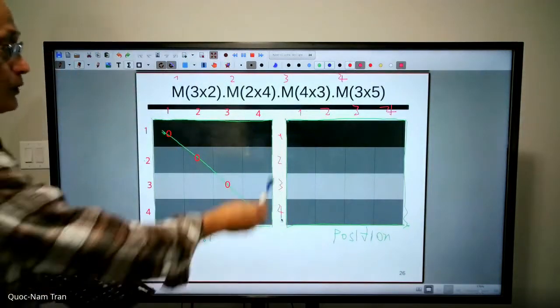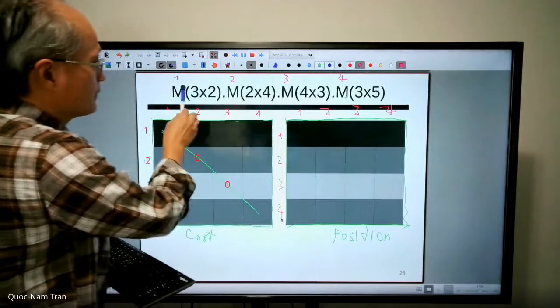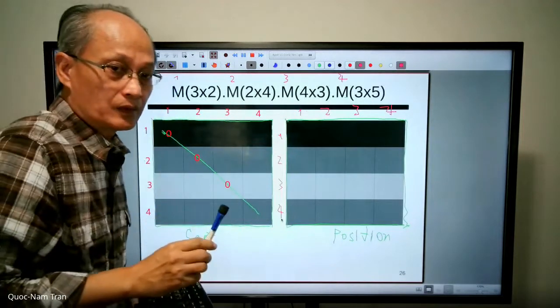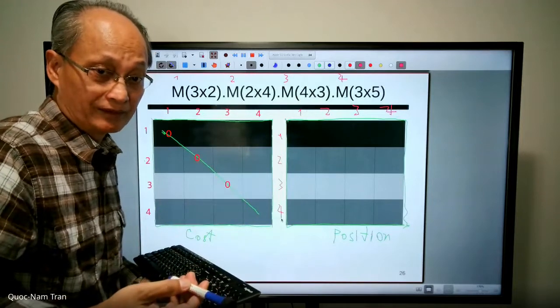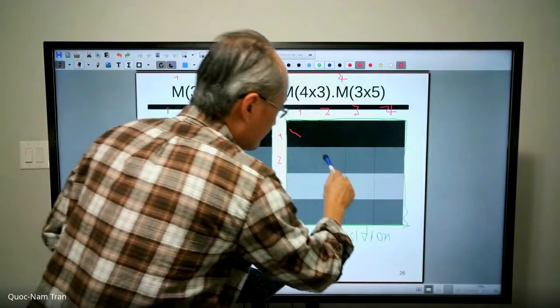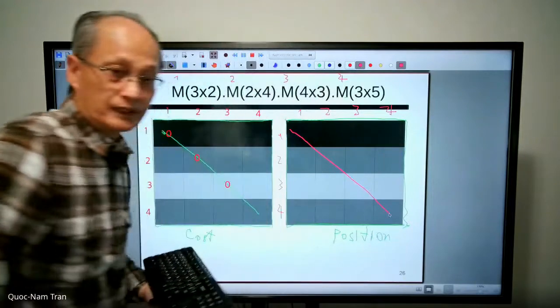So the position, if we have a sequence from 1 to 1, what would be the best way to break it? We don't have anything to break, right? So that's it. This diagonal, we have no value.